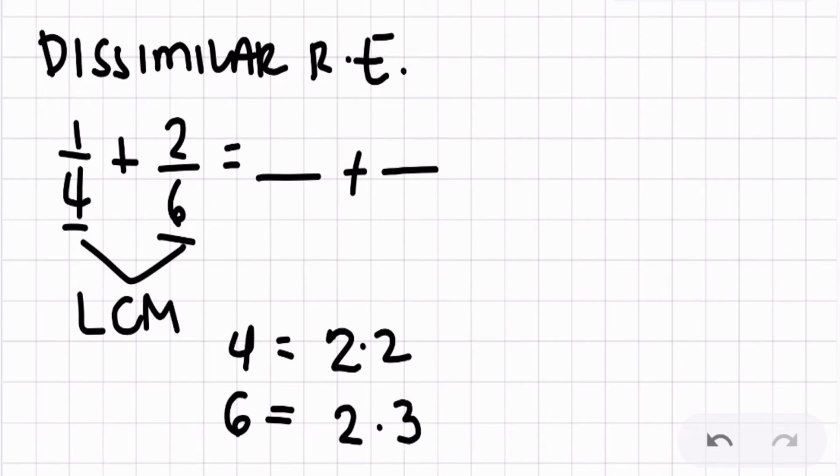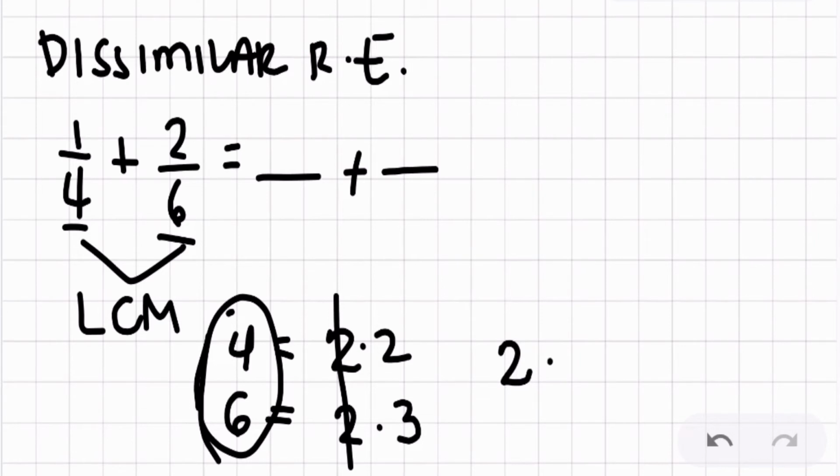Now we wish to look for the smallest possible number that is divisible by 4 and 6. That also means this number must be divisible by these factors. So it must be divisible by 2, both for 4 and 6, by another 2, and by 3. So we get the product of these 3, and we will have 12.